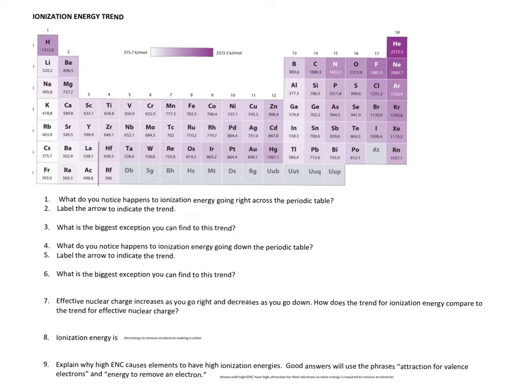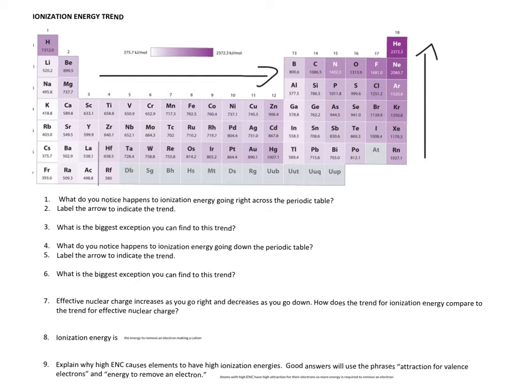But the overall trend you can see on most of these rows is as you go to the right, ionization energy increases. And you can see that as we go down, ionization energy decreases. So ionization energy generally increases as we go up.